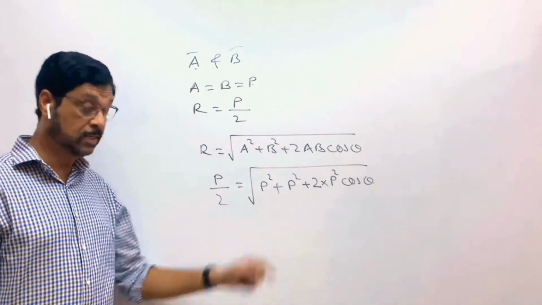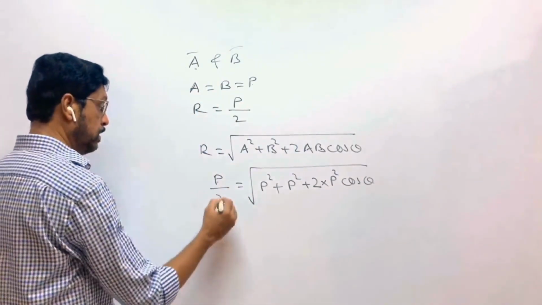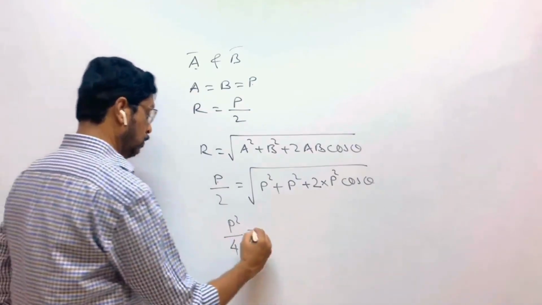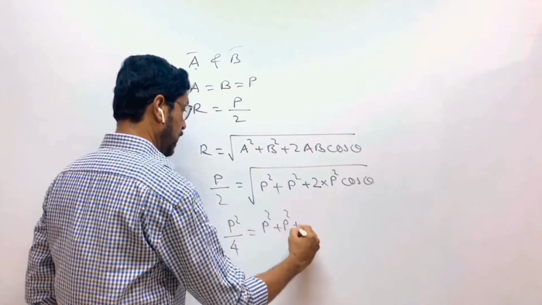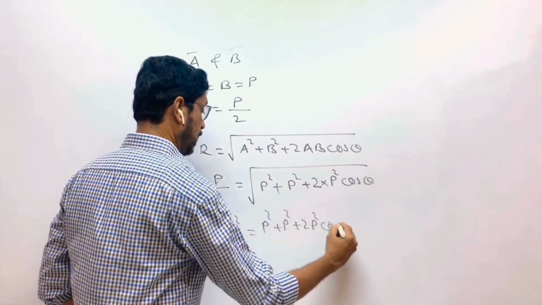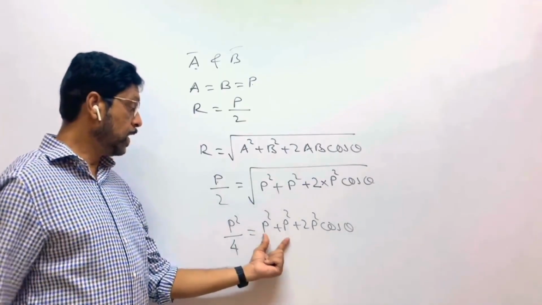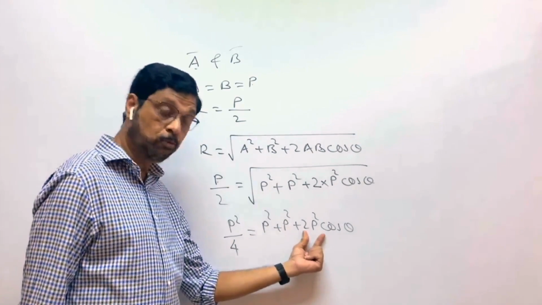Square both the sides because you have to find theta. So square both the sides. P by 2 whole square, P square by 4 will be equal to P square plus P square plus 2P square cos theta. P square plus P square is 2P square.